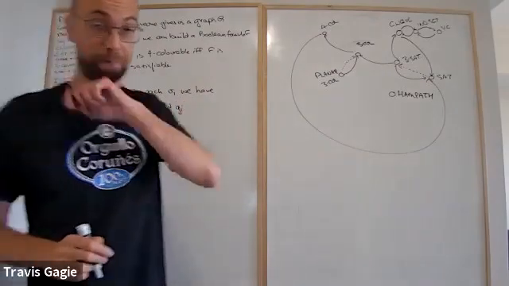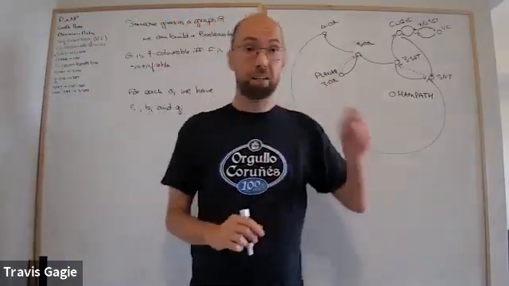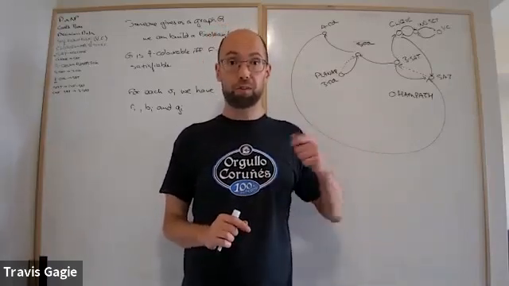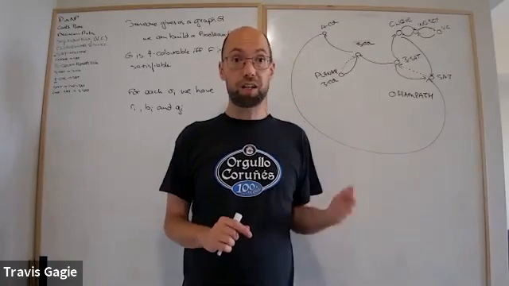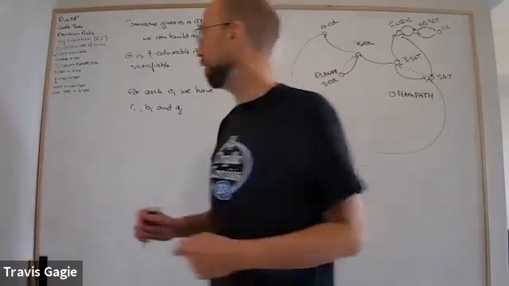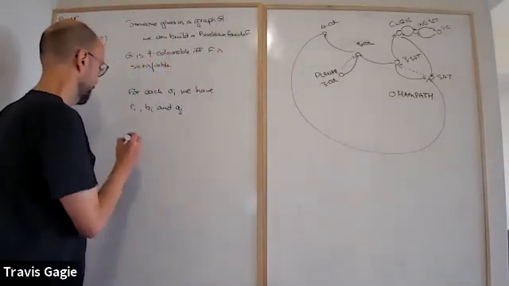So Ri is true if and only if Vi is red. Bi is true if and only if Vi is blue. Gi is true if and only if Vi is green.